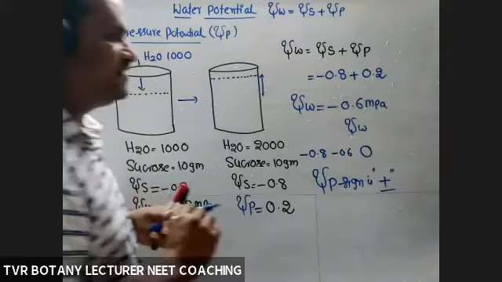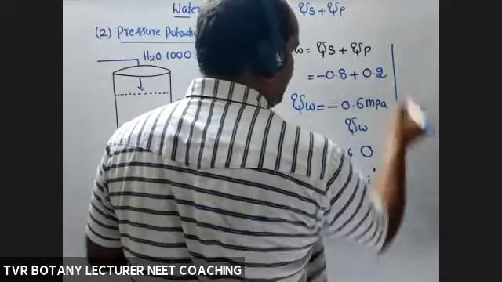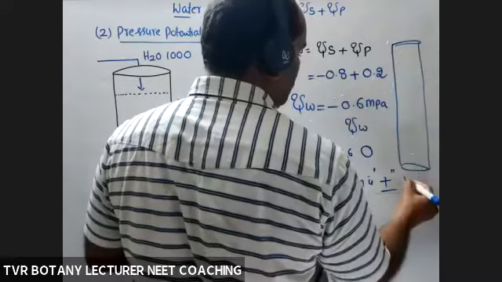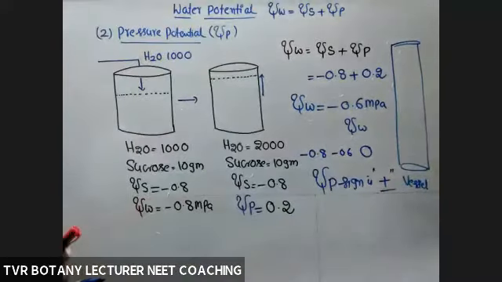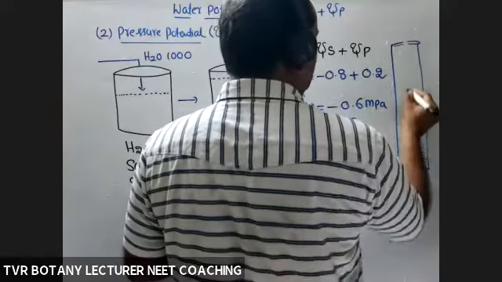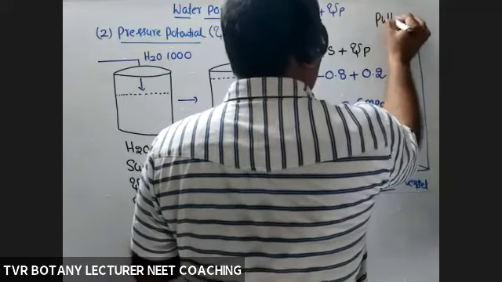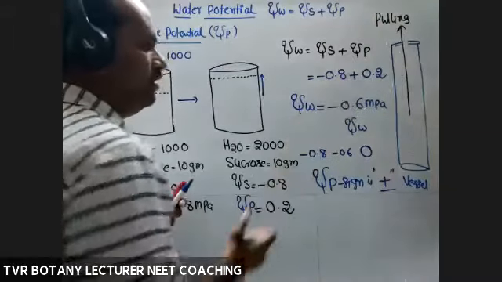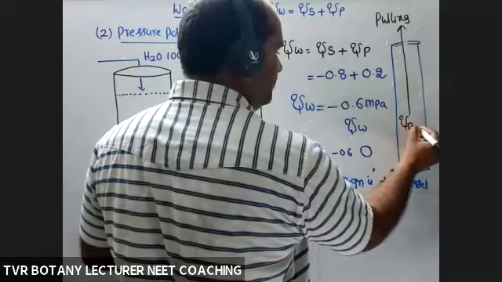But in the case of xylem vessel, for example, this is a xylem vessel or a trachea. This is vessel, tracheary elements. So in the case of vessel, water is pulled, generally pulled only. So in this case, psi P value is negative.